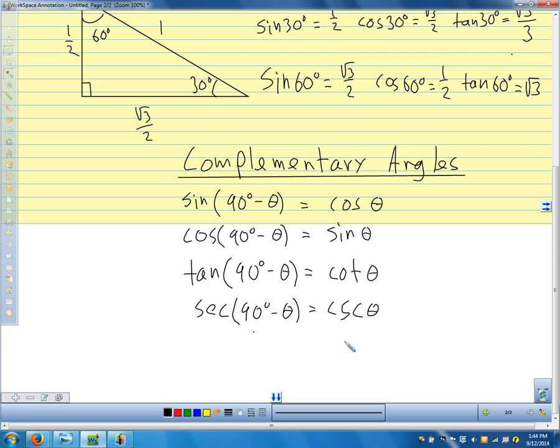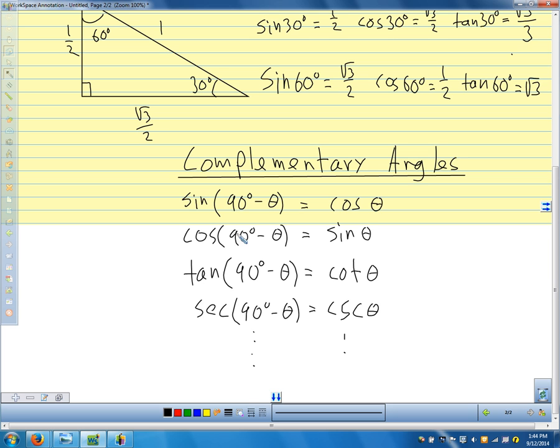So I'm just going to do dot, dot, dot, because we can do it for each pair of cofunctions: sine, cosine, tangent, cotangent, secant, cosecant, and it can go either direction. So if we find the complement of one, that's going to be the cofunction of the angle for the other. So cosine of the angle is the sine of the complement. Sine of the angle is the cosine of the complement, etc. Works for every pair of cofunctions.